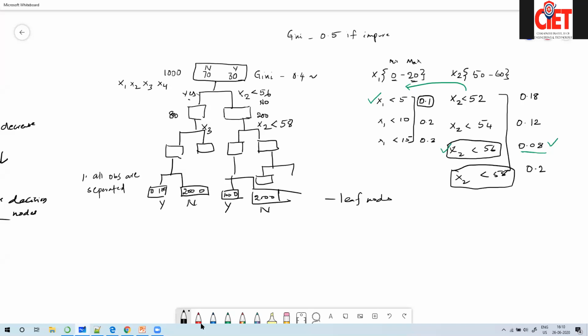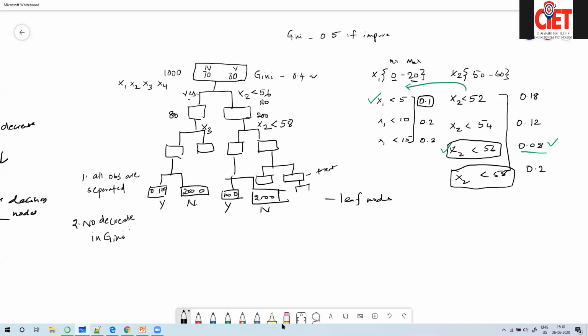Now, if it is not perfectly separable, the second condition is no decrease in Gini. For example, let's assume this is a parent node. We try to split this further into two small nodes.